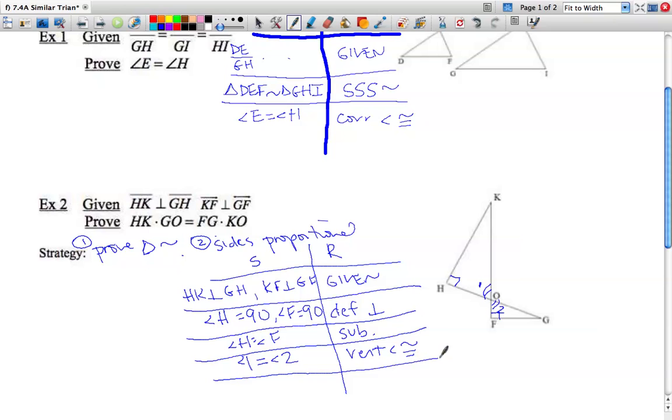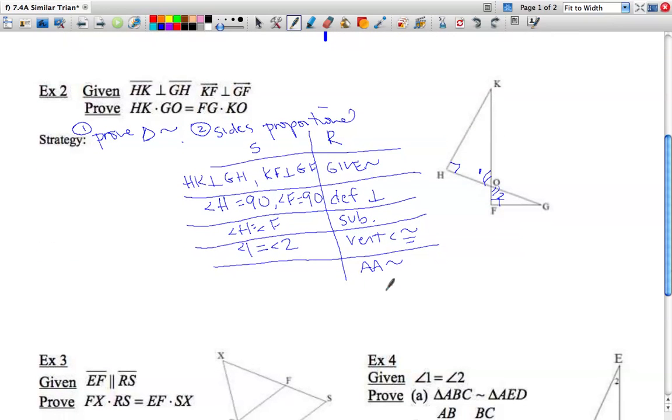And now we can show that these two triangles are similar by angle-angle similarity. So let's mark it up right. Doesn't matter. Let's start with triangle HOK, I guess.